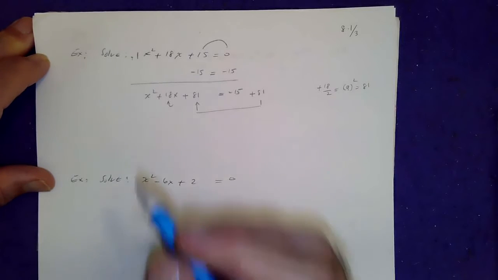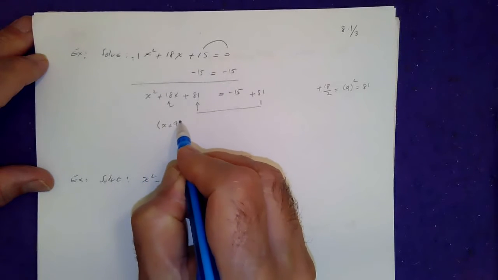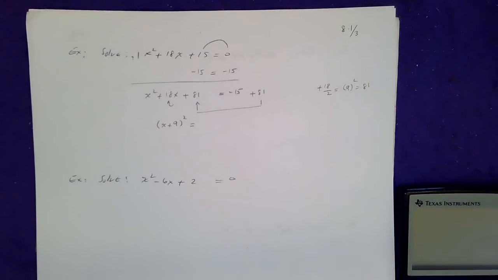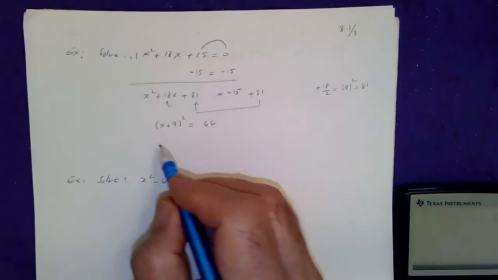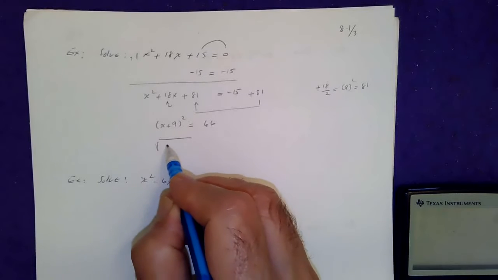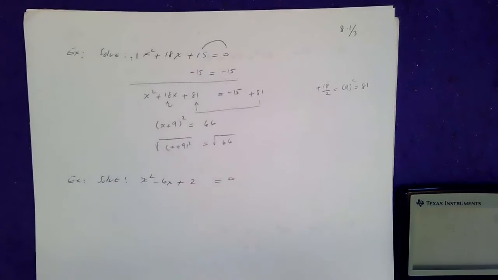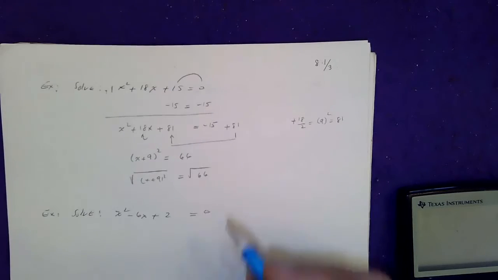You all see it? So now, if you factor this out, you get x plus 9 squared equals, so that would be like what? 81 minus what? 15, that would be like 66. Now, take the square root of both sides, so that's x plus 9 squared equals the square root of 66. Is that right? And now we get what?